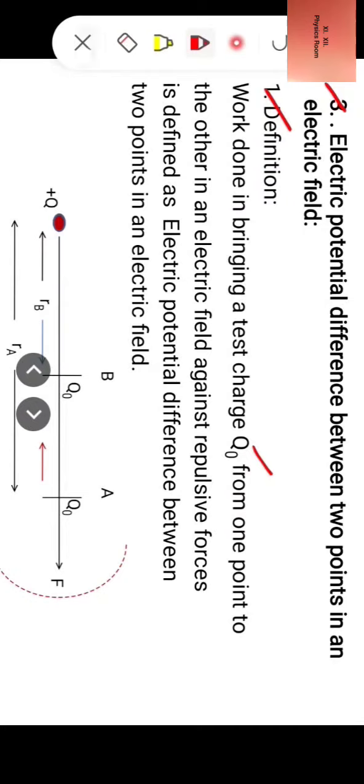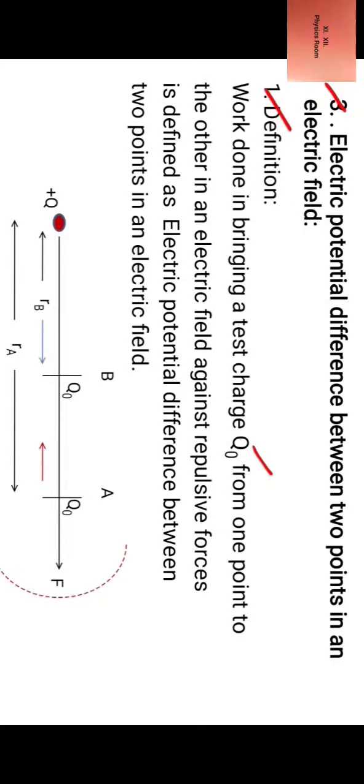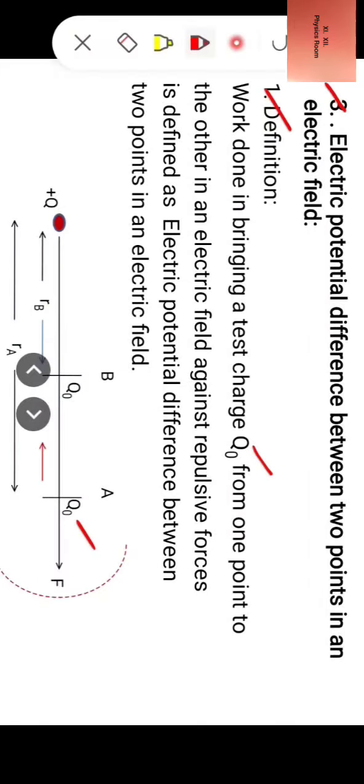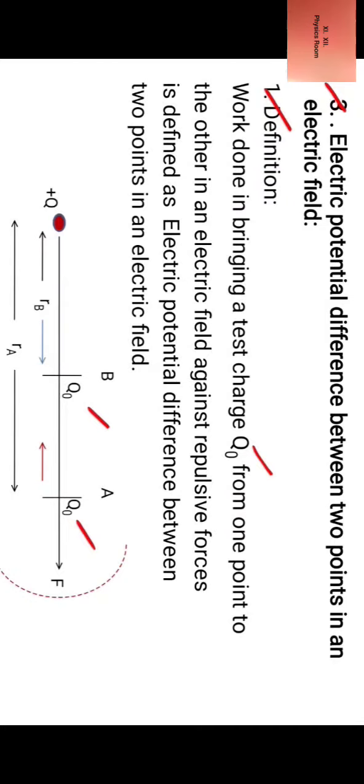I repeat, work done in bringing a test charge Q0 from one point to the other in an electric field against repulsive forces is defined as electric potential difference between 2 points in an electric field.